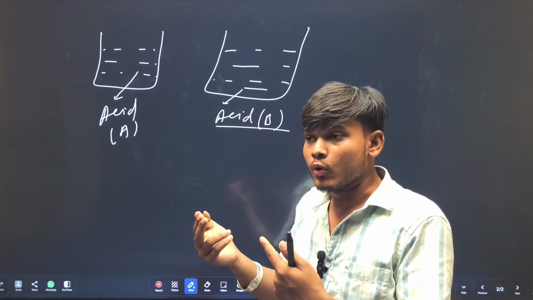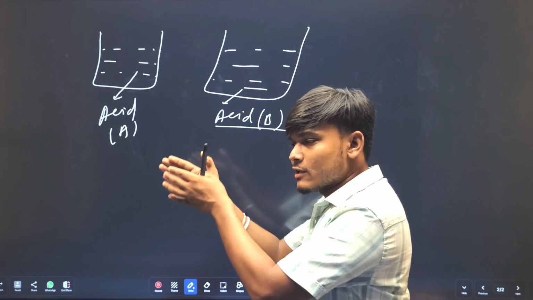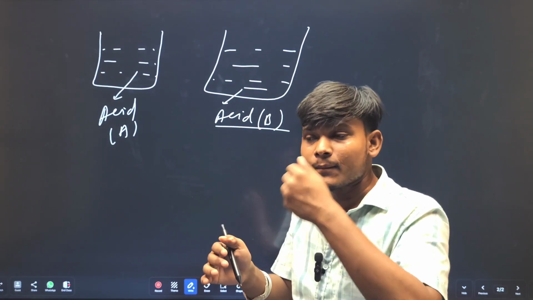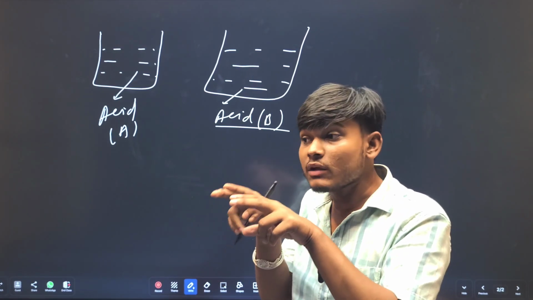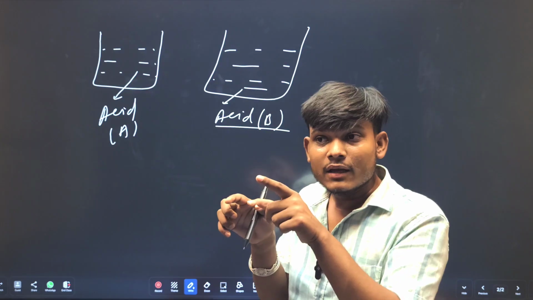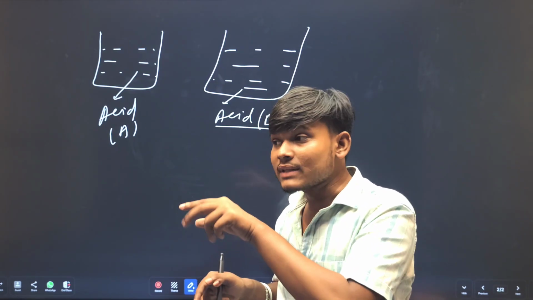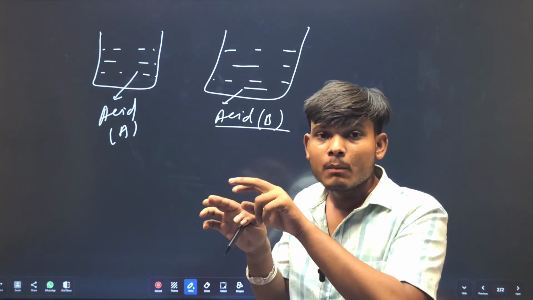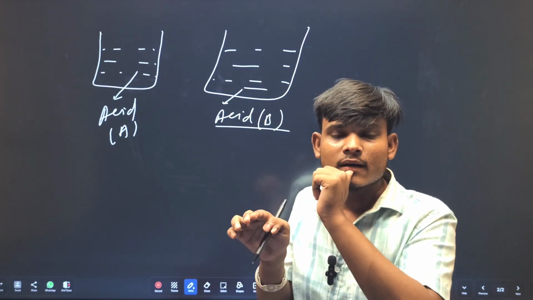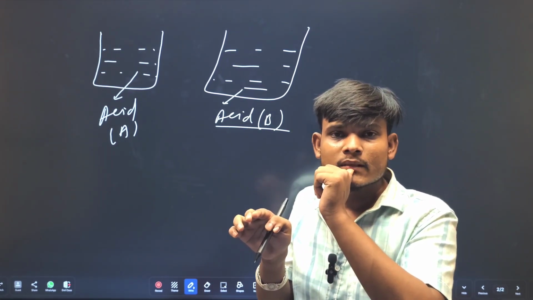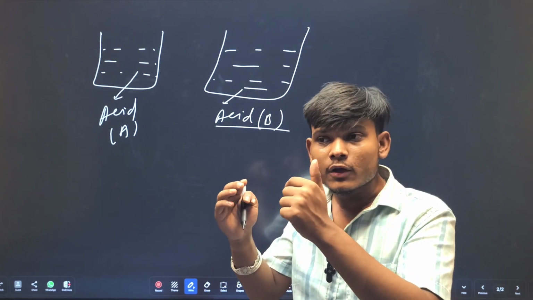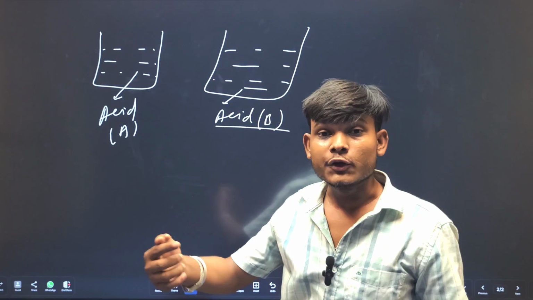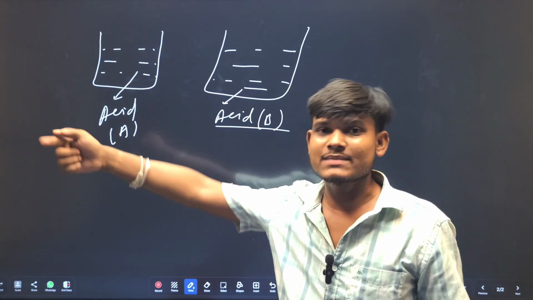And if I know this is acid and this is also acid, I have already told you that if you have two acids or two bases and you want to know which is more acidic, means the strength of acids, then you have to use the concept of pH value.